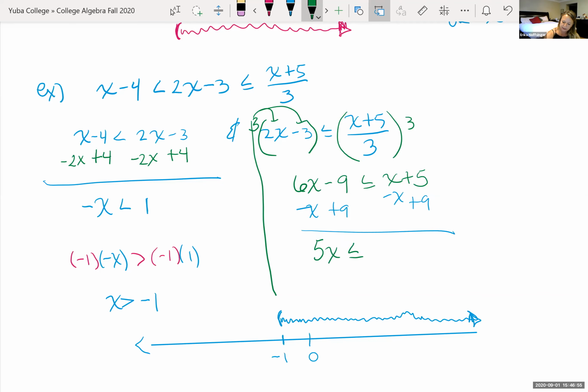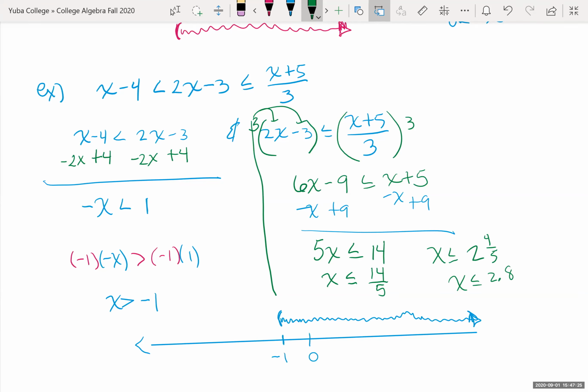Divide both sides by 5. That's a positive number, so we're okay. It's going to remain less than or equal to 14/5. It helps to write it as a mixed number. So that's the same thing as 2 4/5, or 2.8.